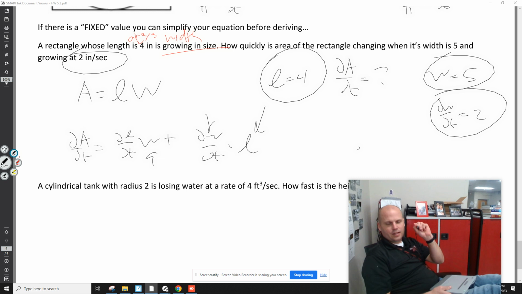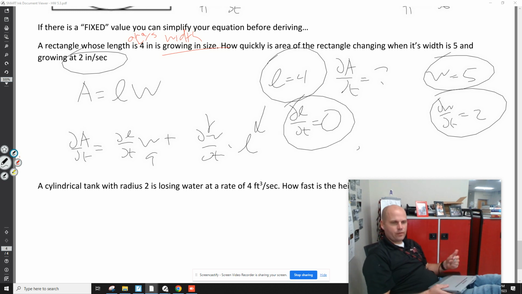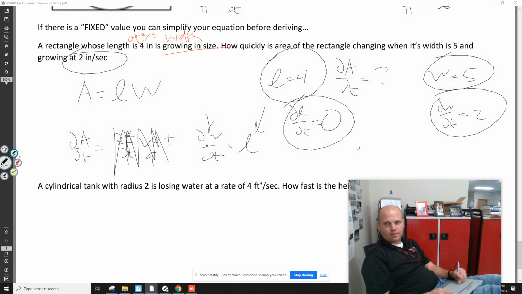Its length is always constant. Its derivative is 0. That is one thing you could do. Understanding that if things are constant, its derivatives are 0. You can then realize that this means nothing, and you just have 2 times 4, which is 8. You don't even need the width. You just need the change of the width.